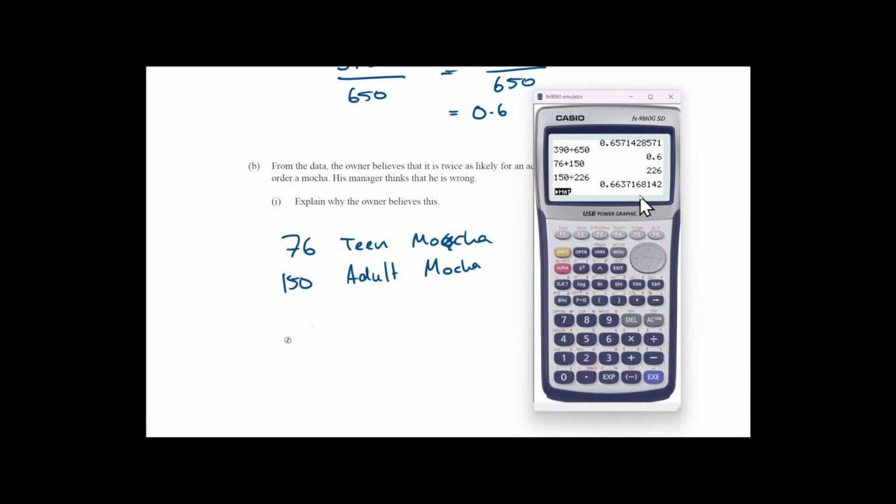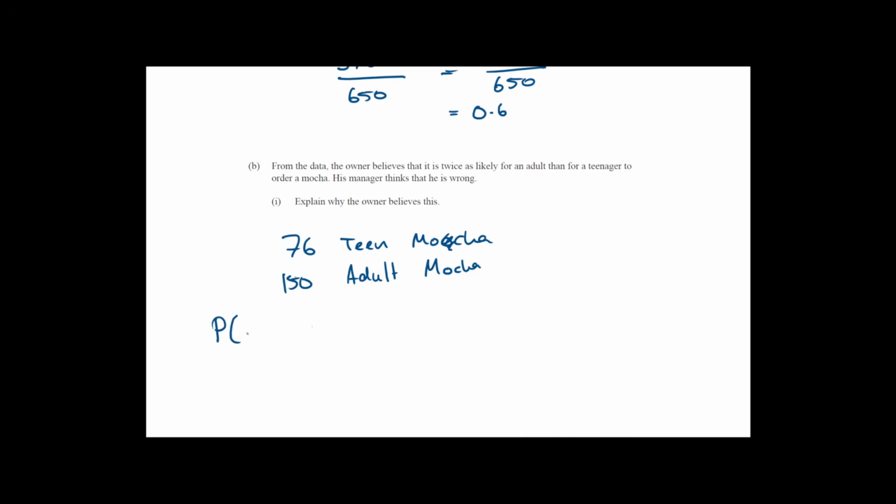But that's not really fair, because we need to work out the probability that they're a mocha drinker given they're a teen, versus the probability that they're a mocha drinker given that they're an adult.